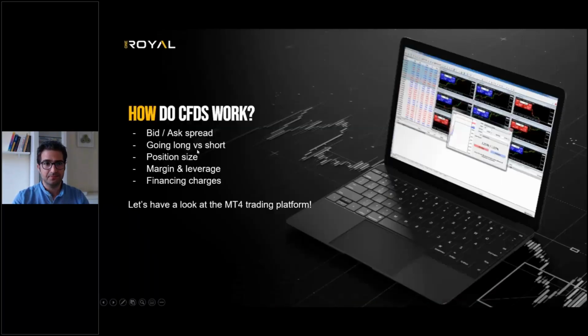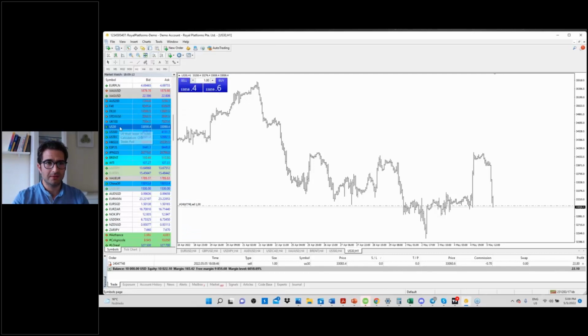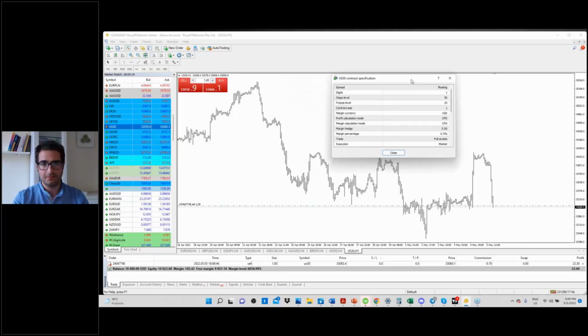What else? I will talk about the position size. If we go here to the properties, or specification, sorry, there is the contract size. We have 1 unit, so every time you press 1 here, or the position size 1, that means you're buying 1 unit of this index.